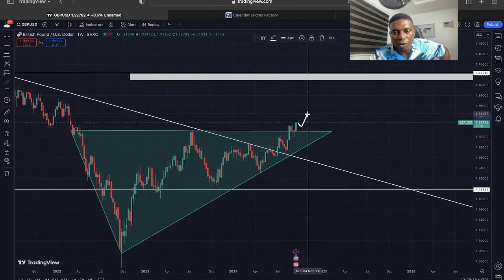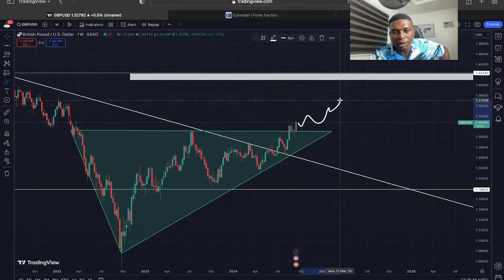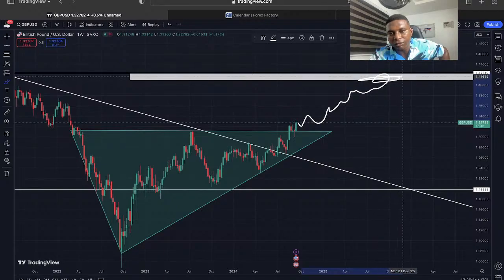What do we expect the momentum will do? Move and hit this level, the 1.4234 price mark. A pushback could occur and a potential breakout might likewise occur.